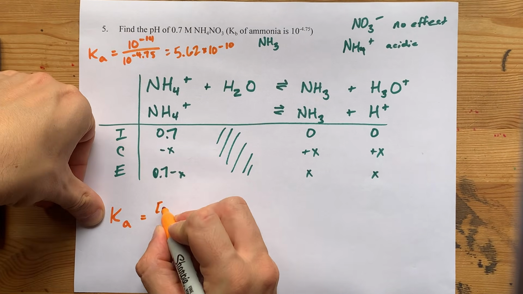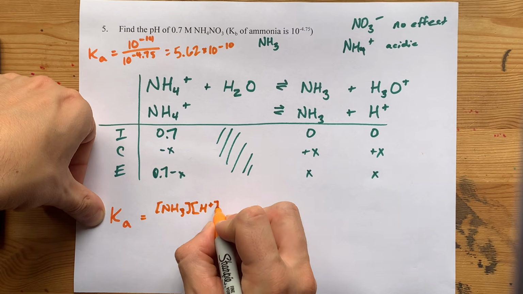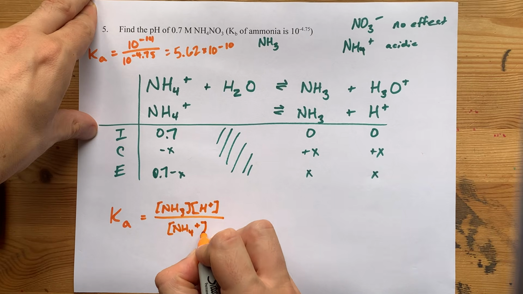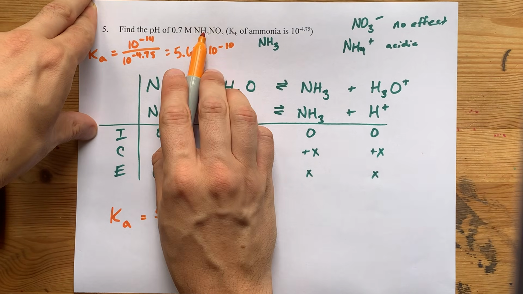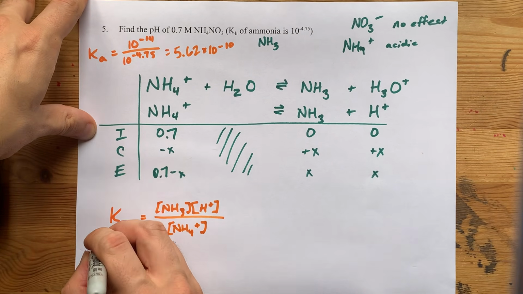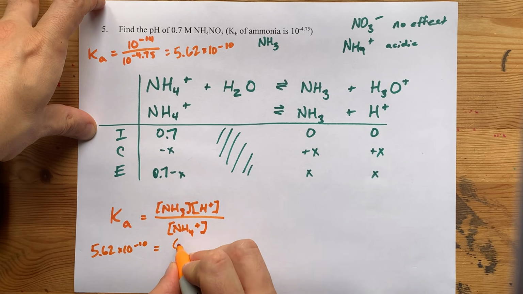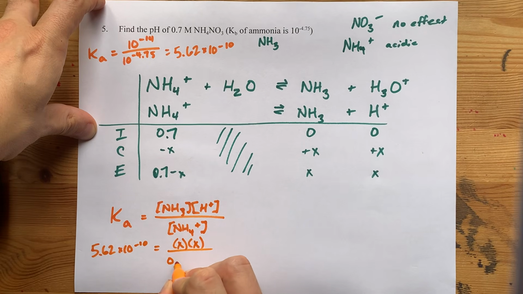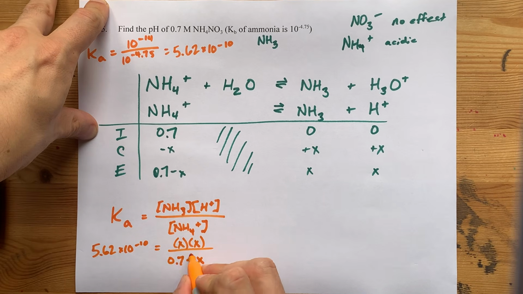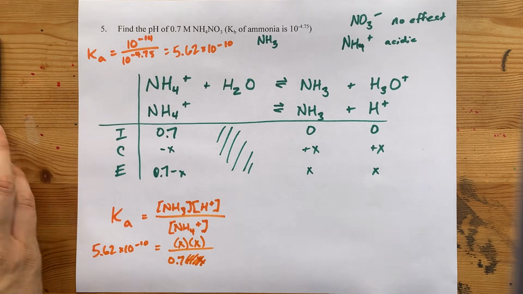The Ka is the equilibrium concentration of NH3 times either H plus or H3O plus, over your equilibrium concentration of NH4 plus, the conjugate acid that you added to solution directly to make this solution acidic. 5.62 times 10 to the negative 10 is X times X all over 0.7 minus X. 10 to the negative 10 is such a small amount that that minus X will be absolutely useless relative to 0.7.